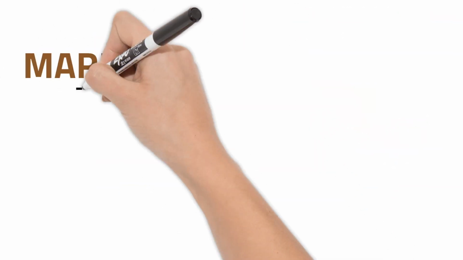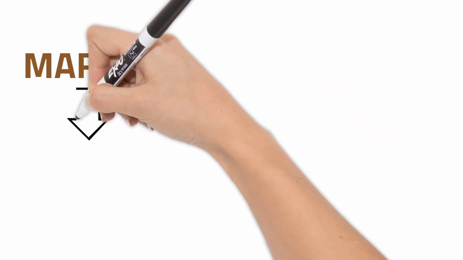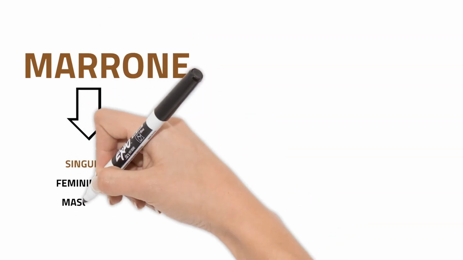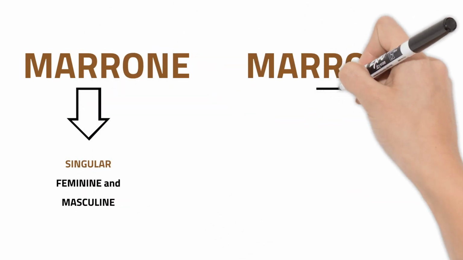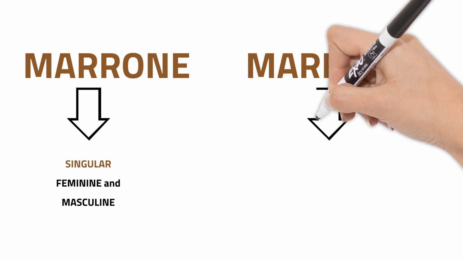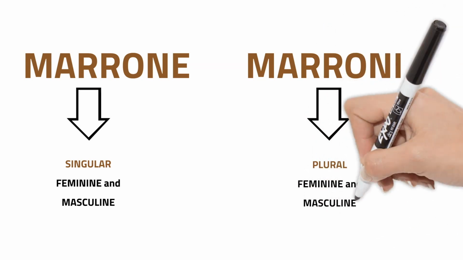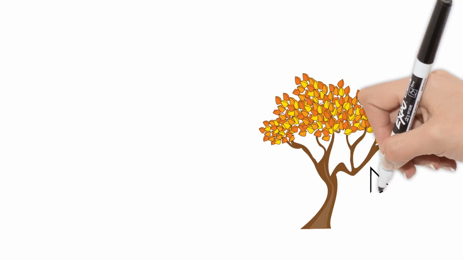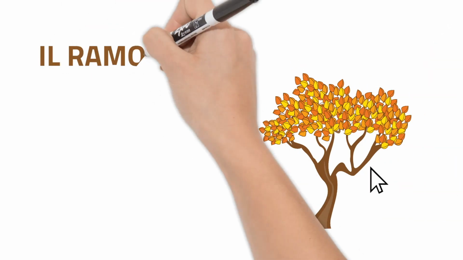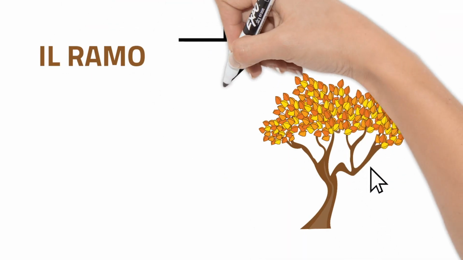The last semi-irregular color is marrone, brown. In this case, again, we have singular, feminine and masculine, marroni for the plural, feminine and masculine. Let's see some examples. Let's draw something. Over here we have albero, tree, and this one, the branch, is called il ramo, which means the branch.